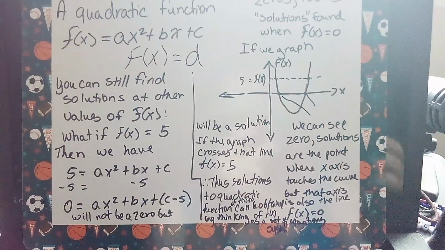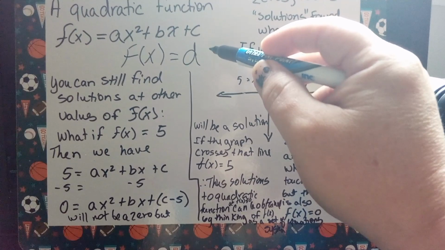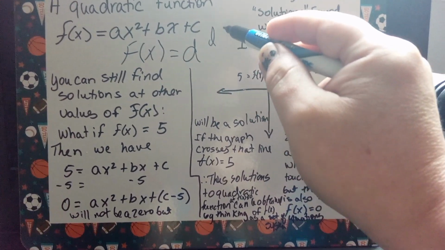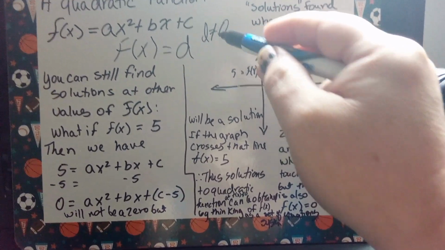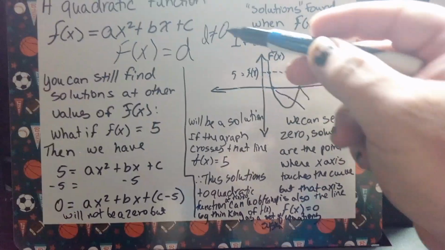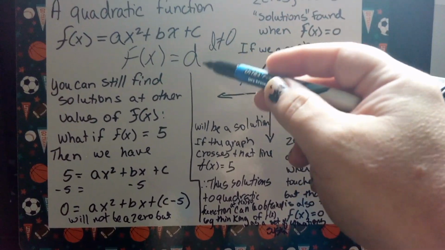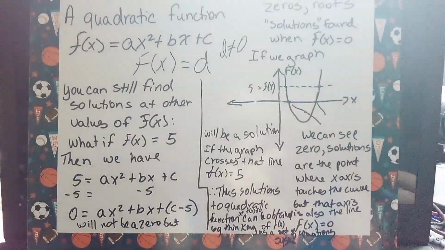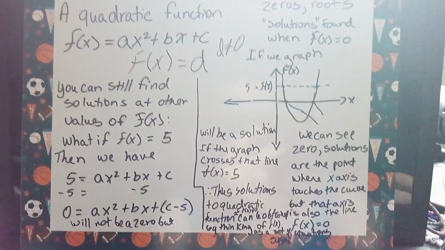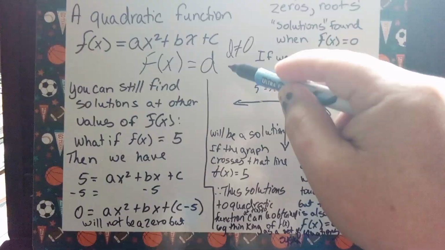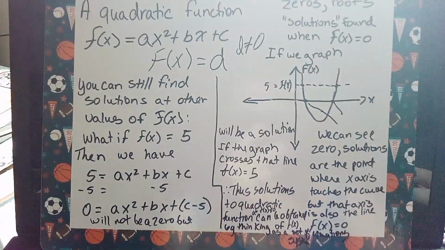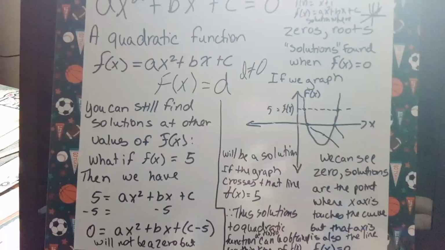That constant d can be equal to something other than 0. If it's equal to 0, you get the standard form of the quadratic equation. So you can find solutions for sets.